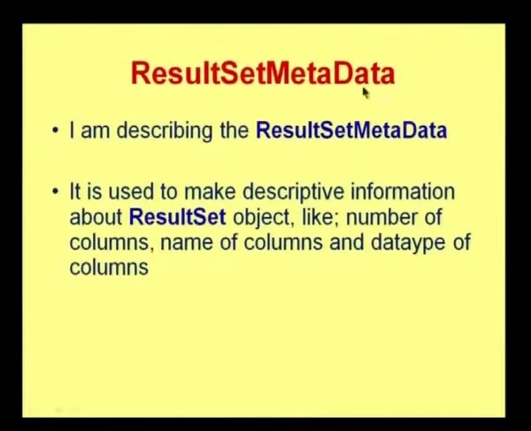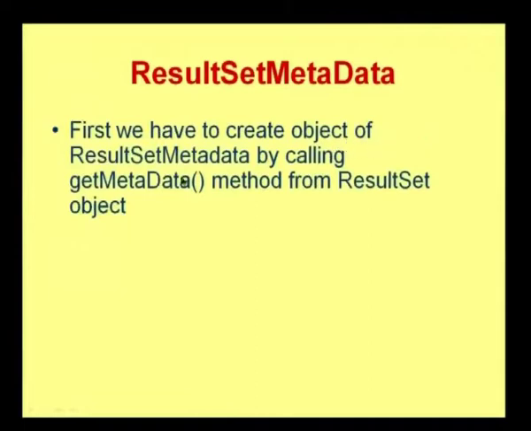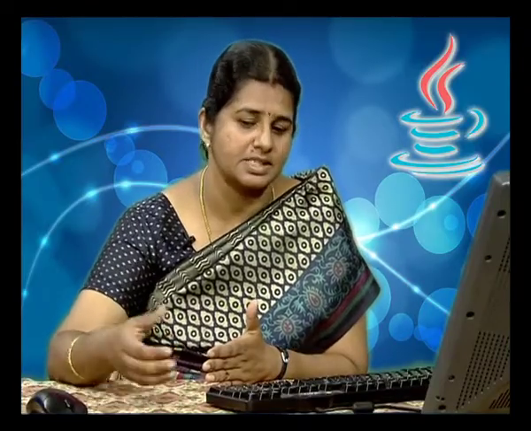So, I am describing the ResultSetMetaData here. It is used to get descriptive information about the result set object, like the number of columns, the name of the columns, and the data type of the columns. First, we have to create an object of ResultSetMetaData by calling the getMetaData method on the result set object. After execution of the query, whatever type of statement it may be, the results are moved into my result set object.